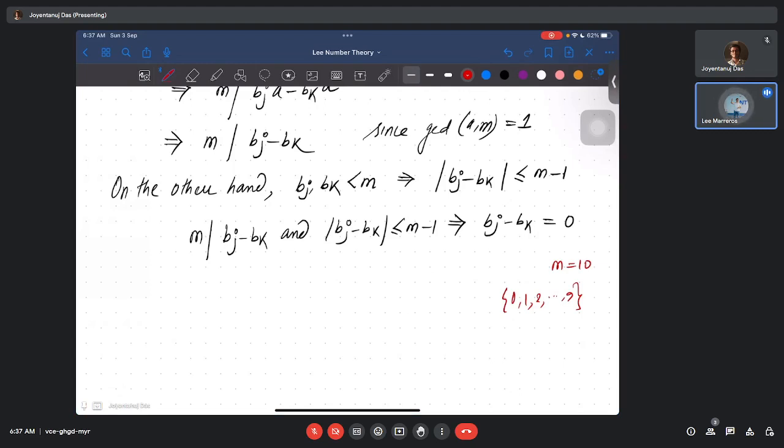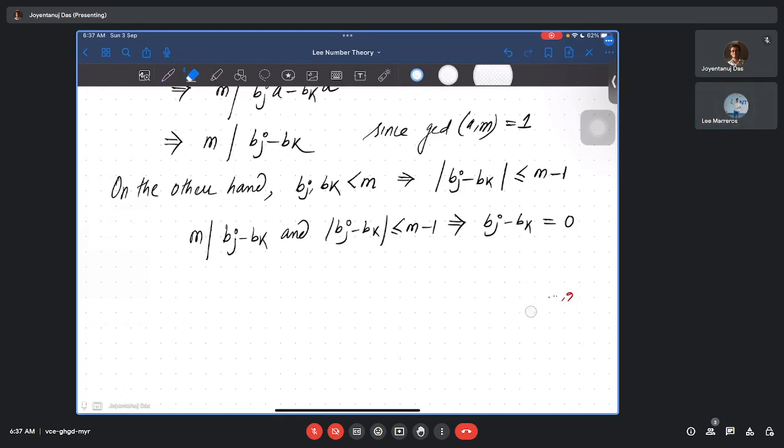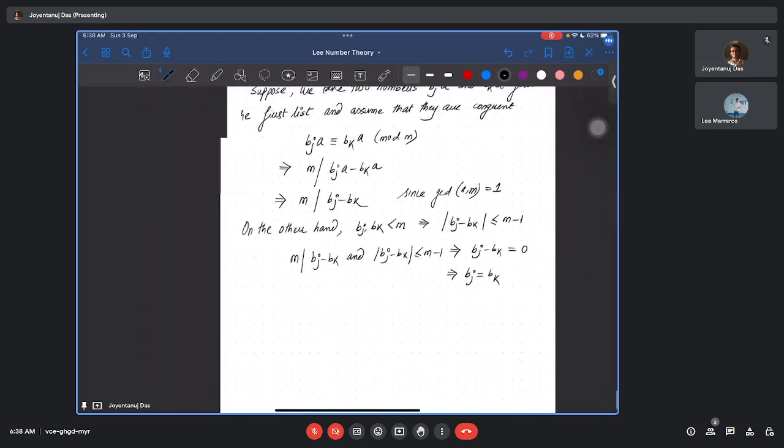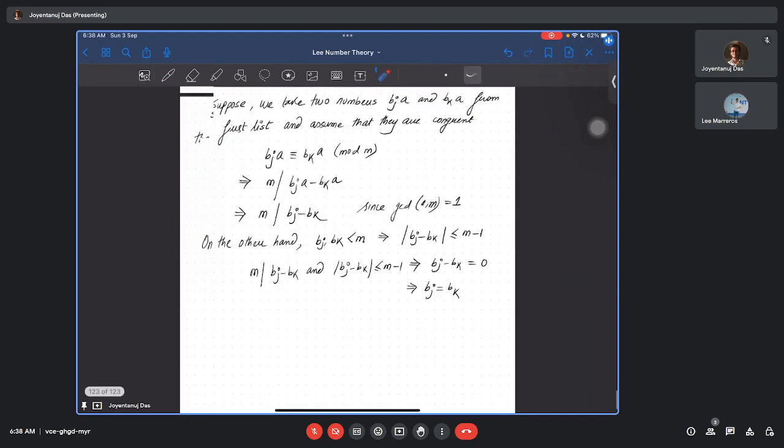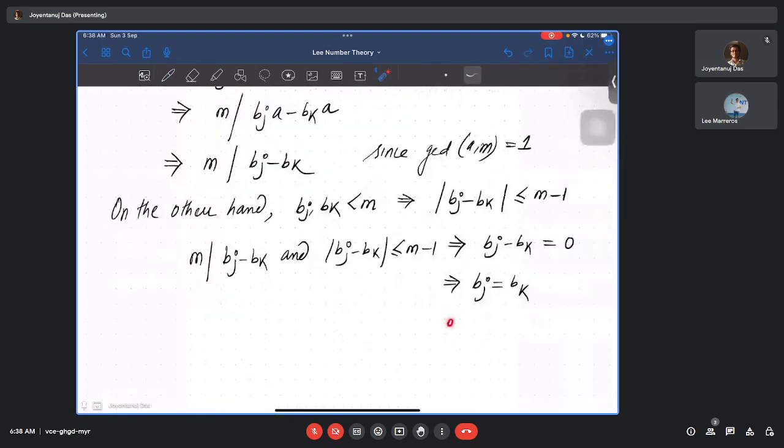And M should be a divisor of Bj minus Bk necessarily, so the difference must be 0. So this forces Bj and Bk to be the same. But that is a contradiction, because that list is distinct, the list of numbers we chose. So this is a contradiction.